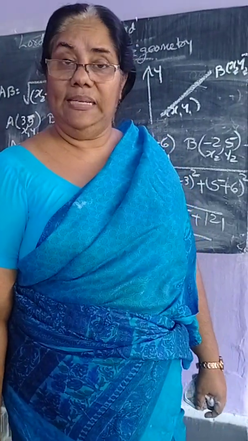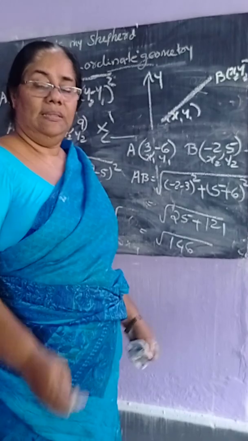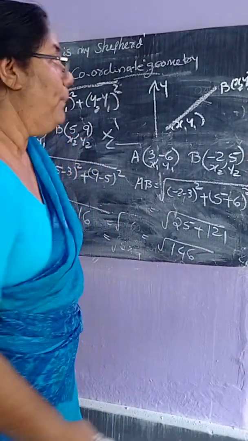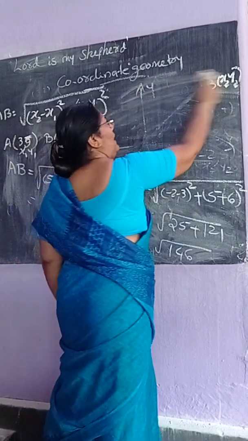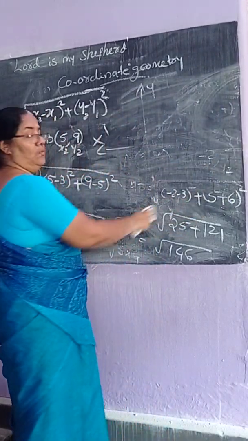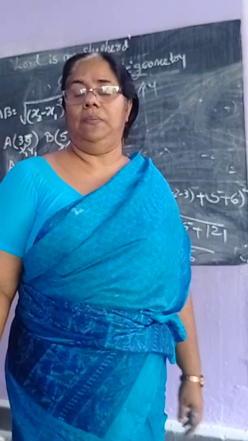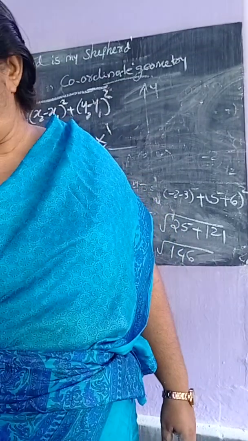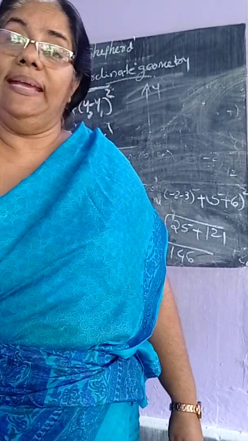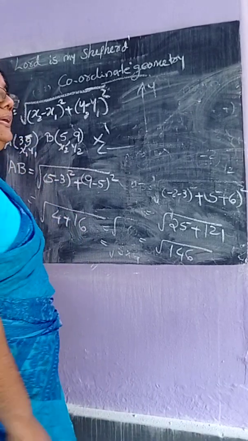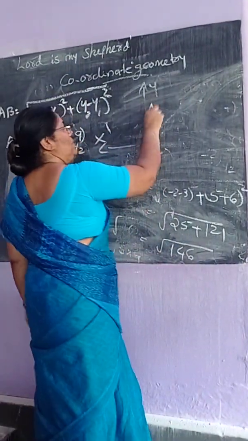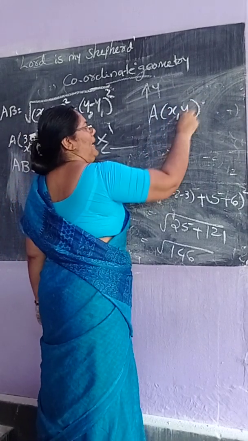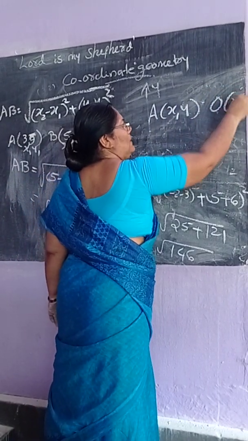Then write one more point. The distance between a point xy and the origin. We can mark the first point as xy and the origin as 0, 0.